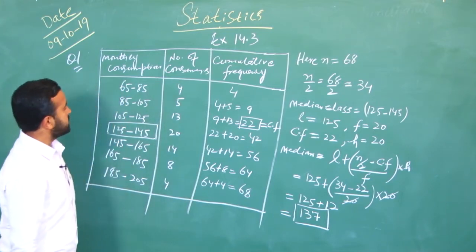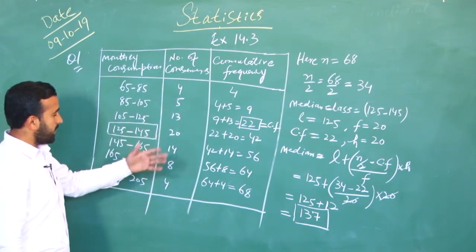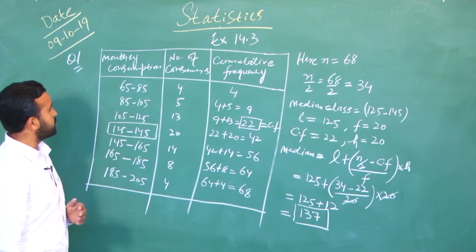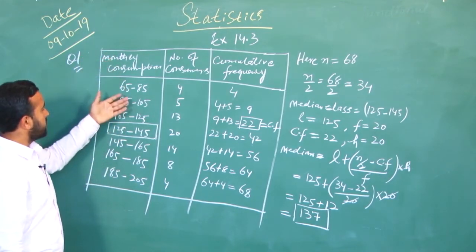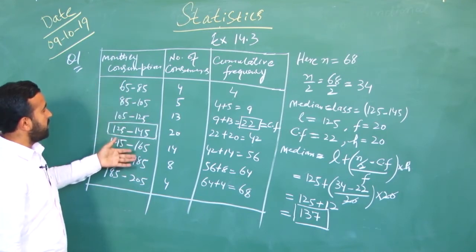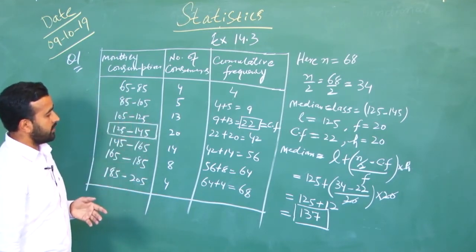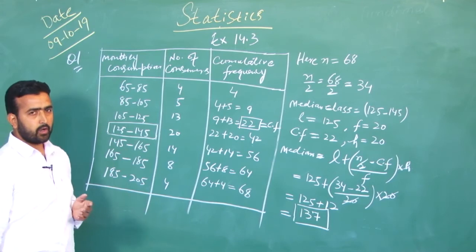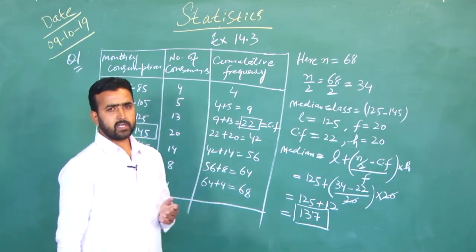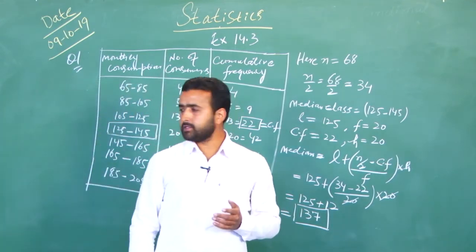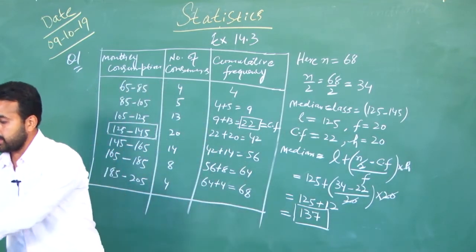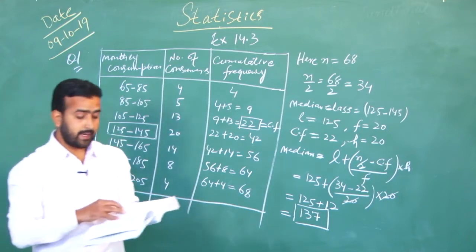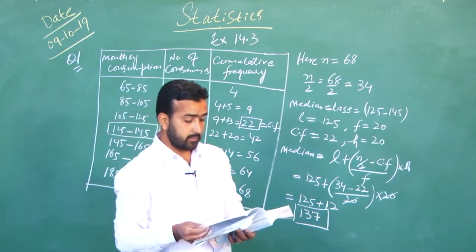This was the practical example that we used here of a particular locality. The monthly consumption of electricity was recorded, and then we were supposed to find the mid value, that is the median of the given data. Now let us take one more example, one of the main examples that are very important from the examination point of view.